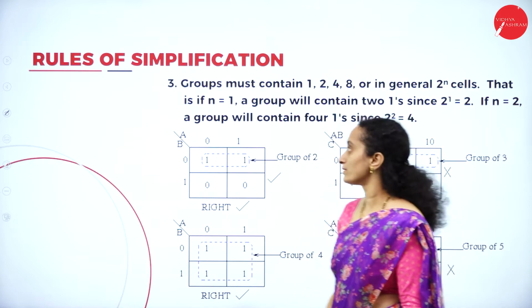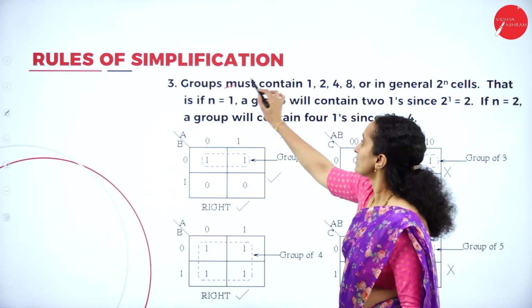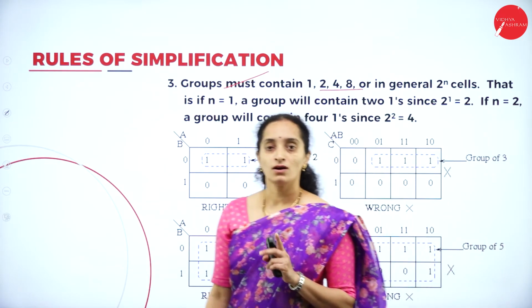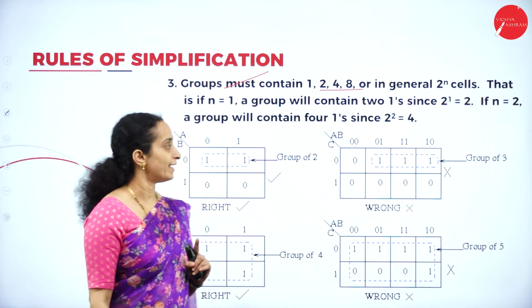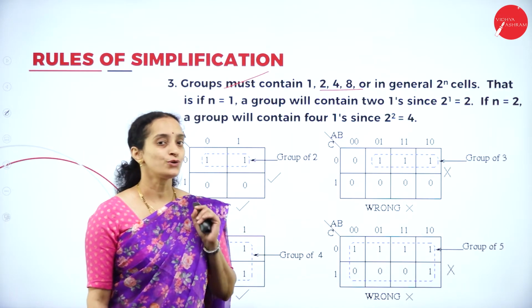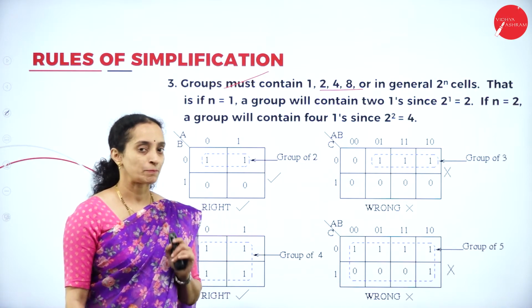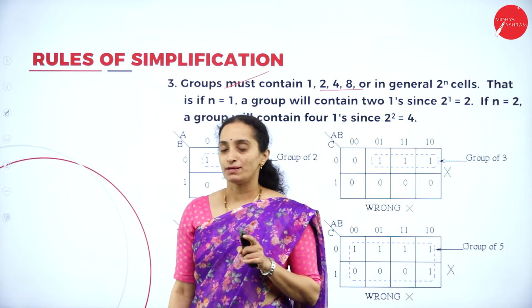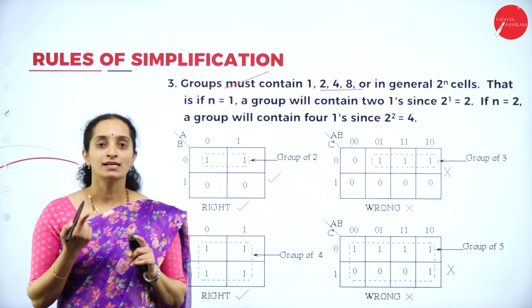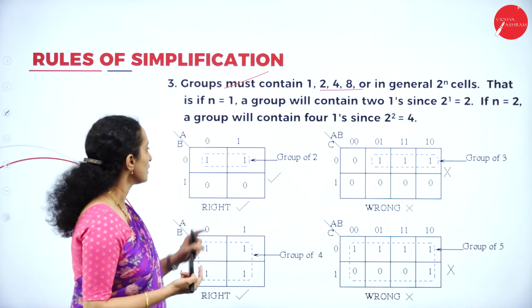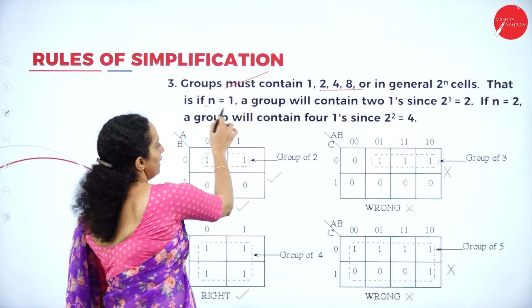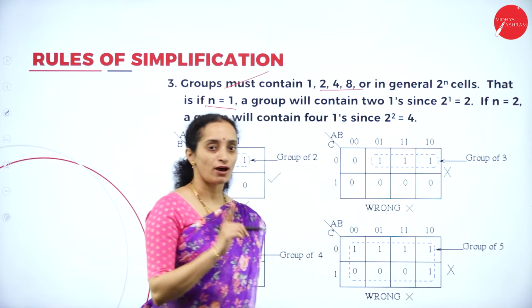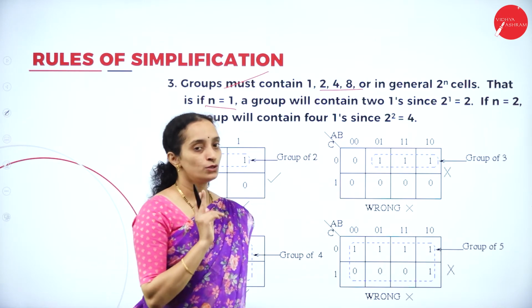What does the third rule suggest? Groups must contain 1, 2, 4, 8, either 1 or 2 or 4 or 8, or in general 2 to the power of n cells. As I explained just now, if you have n variables, you'll have 2 to the power of n cells. All right. If n equals 1, a group will contain 2 ones, since 2 to the power of 1 is 2. If you have only one variable, you have 2 cells.